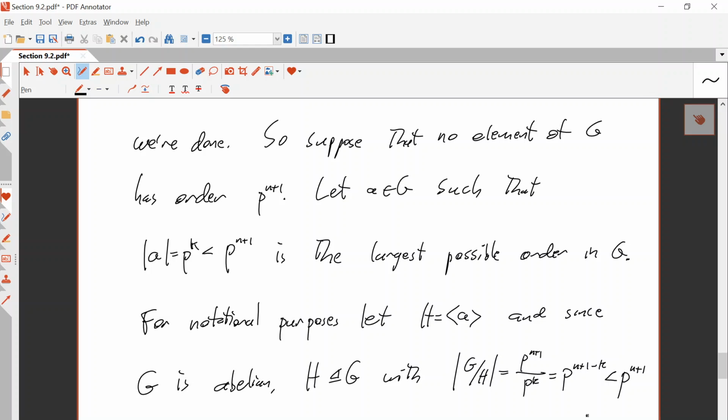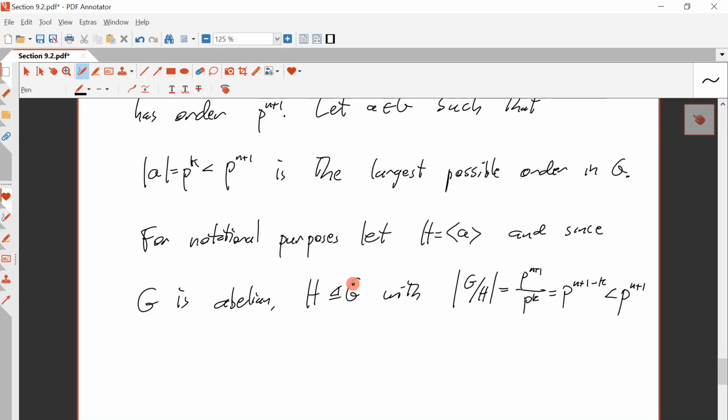Right, so G mod H satisfies the induction hypothesis.